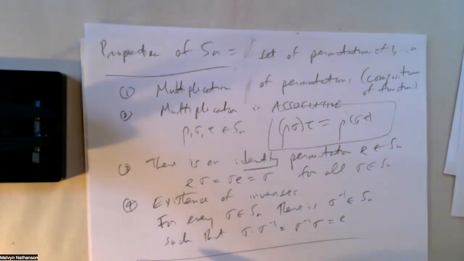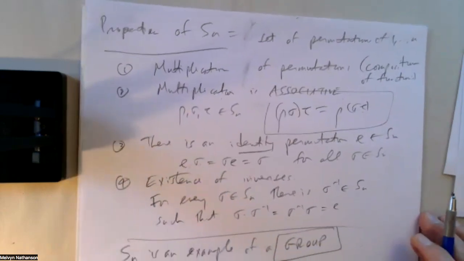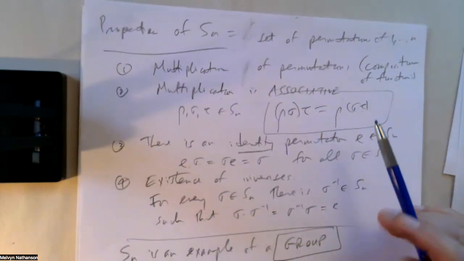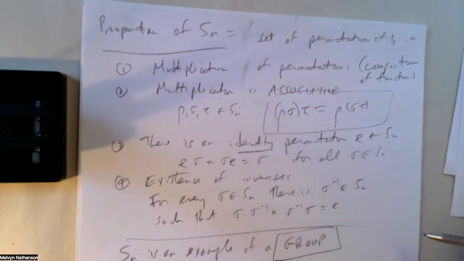So let's just write Sn is an example, a very important example of what is called a group. We'll talk about that much more later, but this is just to point out that a set with a multiplication that satisfies these properties is what we mean in mathematics by a group.